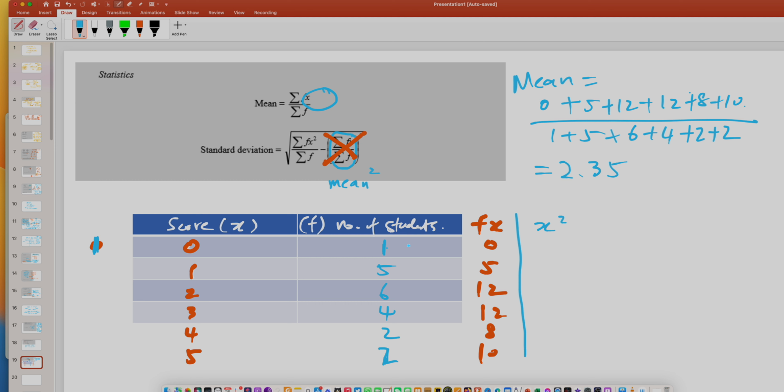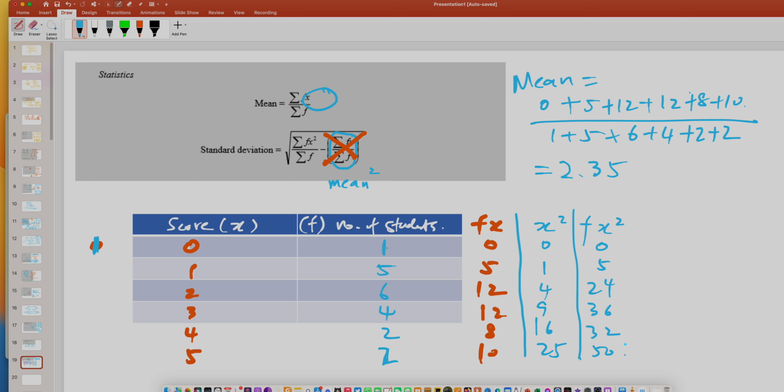Then why not just do these two together? It's even faster, but I think it's good to go through the steps. So x square is 0, 1, 4, 9, 16, 25. Then you figure out fx square: 0, 5, 24, 36, 32, and 50.